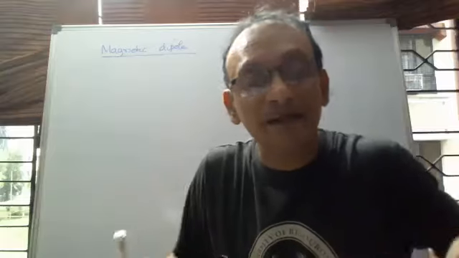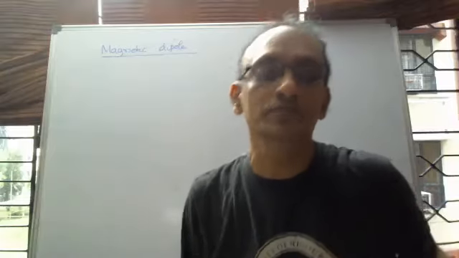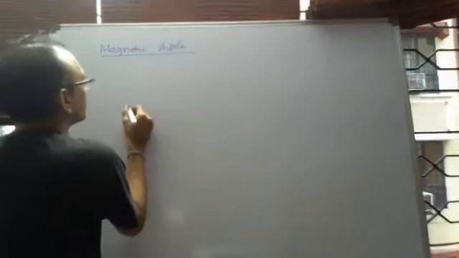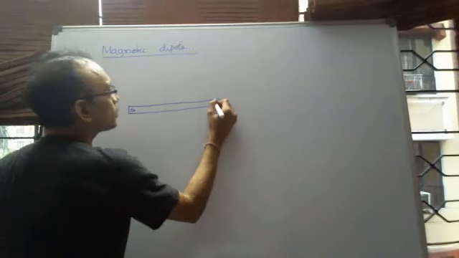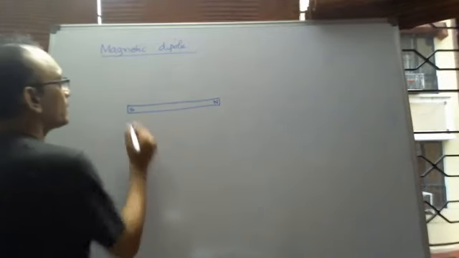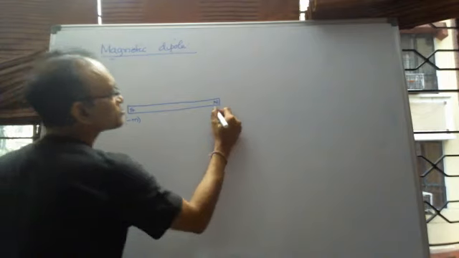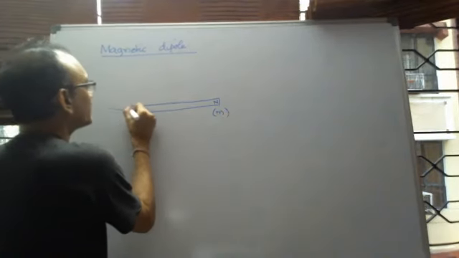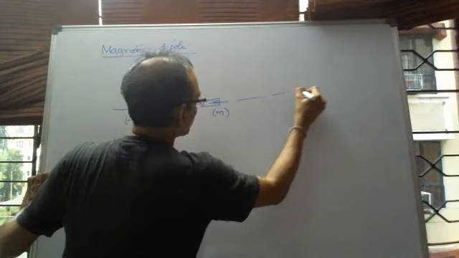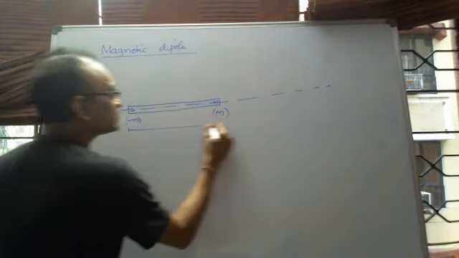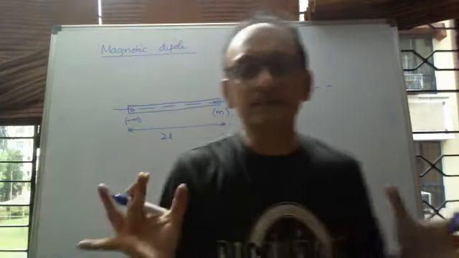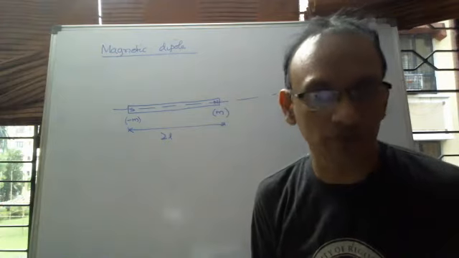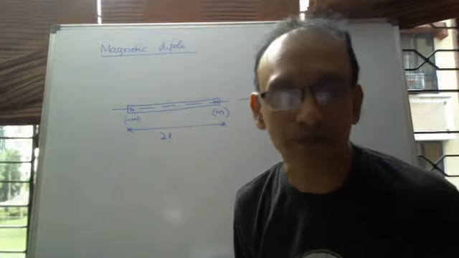Imagine a bar magnet; it can be looked upon as a magnetic dipole. South pole, north pole. Its pole strength is minus m and plus m. This is the magnetic axis and this is the length 2l. If 2l is very small, it's almost like a magnetic dipole.